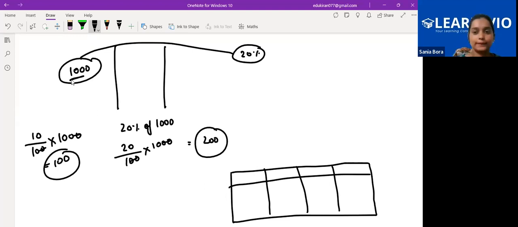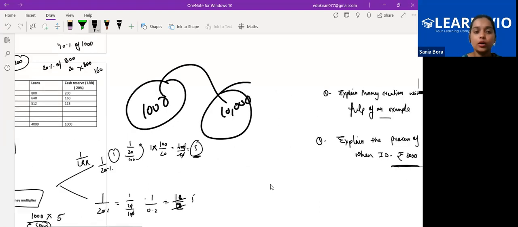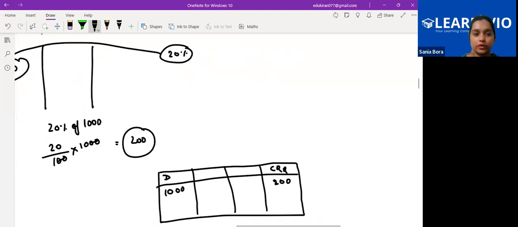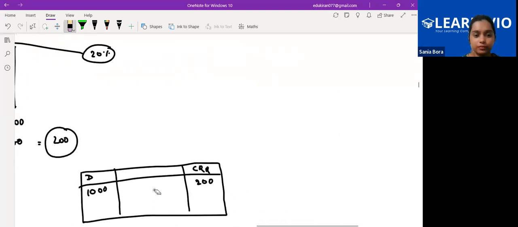So what was the deposit? Over here we are writing deposit. The deposit was 1000 rupees. Out of this, the CRR, cash reserve ratio, was 200, right? So this 200 rupees you are going to keep. Now the third column will be your loan. How much can you give as a loan now?